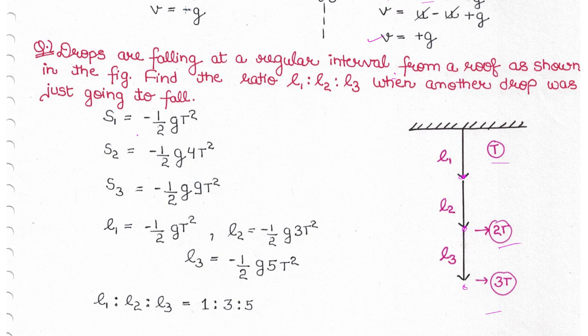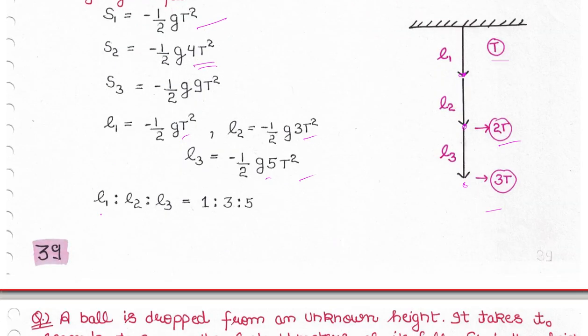So you can write s1 is equal to minus half gt square, s2 is equal to minus half g 4t square, and s3 is equal to minus half g 9t square. So L1 is equal to minus half gt square, L2 is equal to minus half g 3t square, and L3 is equal to minus half g 5t square. So from this we can easily find L1 is to L2 is to L3 is equal to 1 is to 3 is to 5.